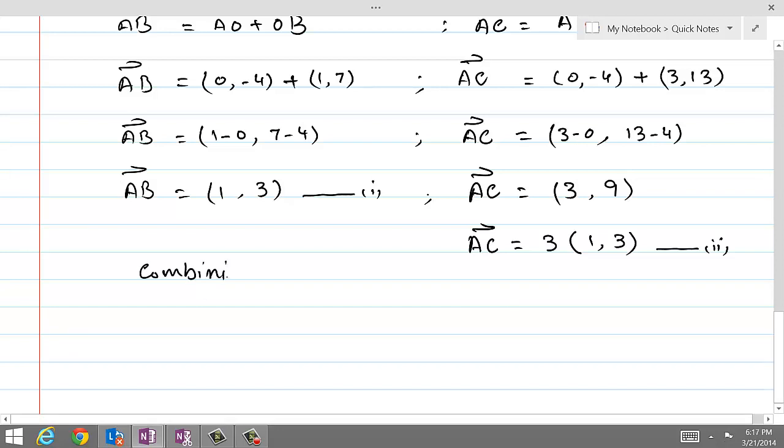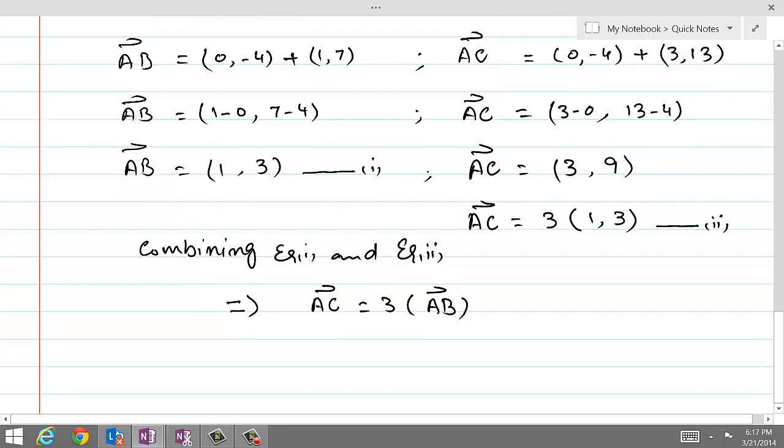Combining equation 1 and equation 2, we have AC is equal to 3 into, instead of writing 1, 3, we write its equivalent value from equation 1, which is AB.